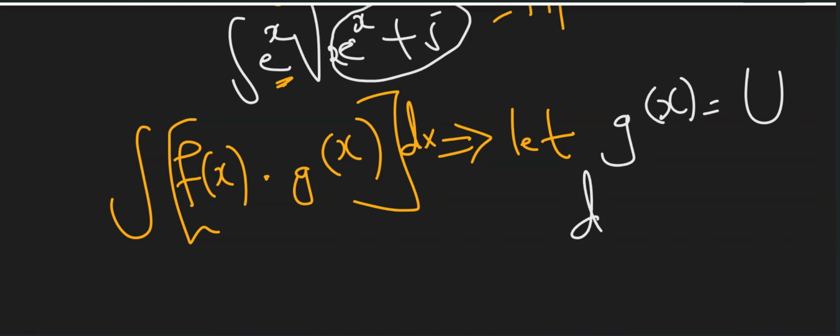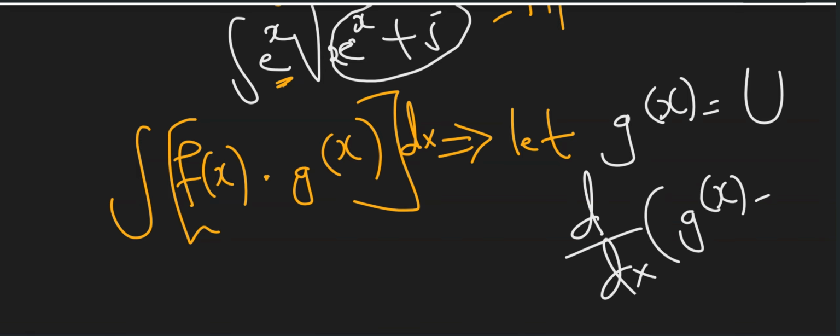Then d by dx of g of x should be something close to a factor of f of x, or makes it simpler to simplify f of x.